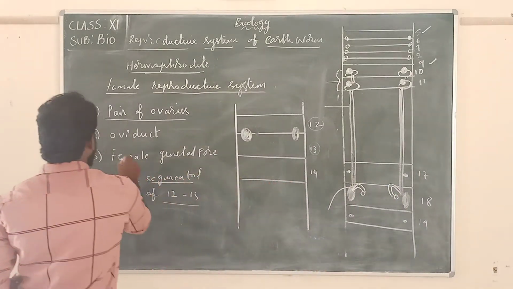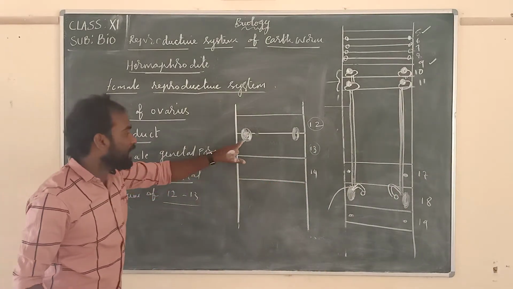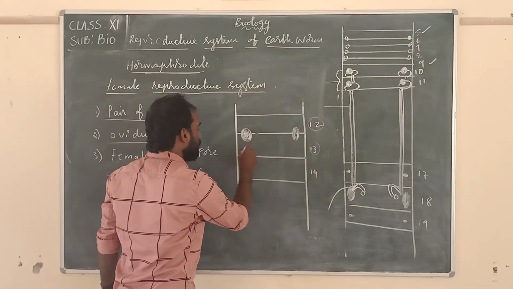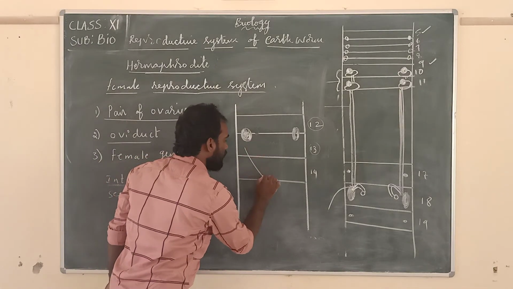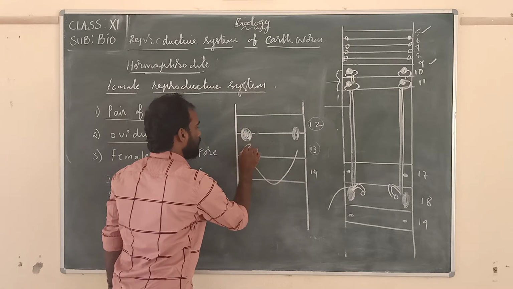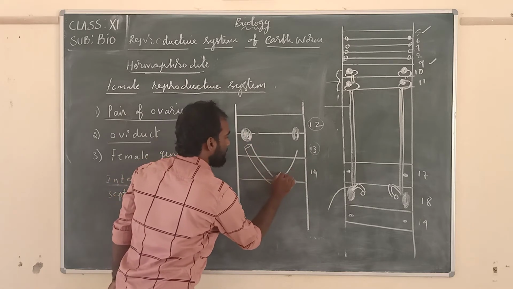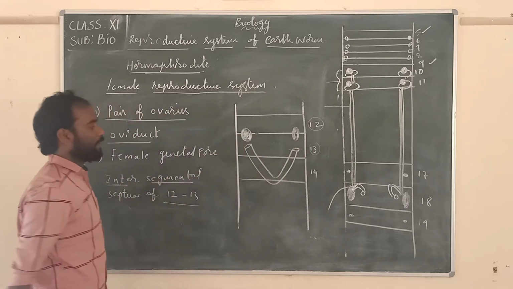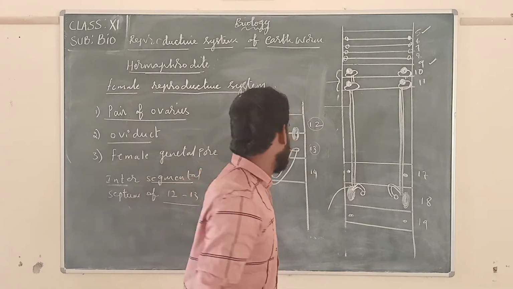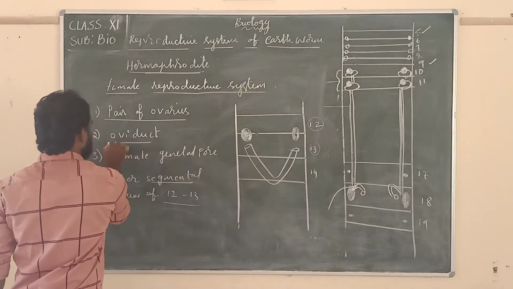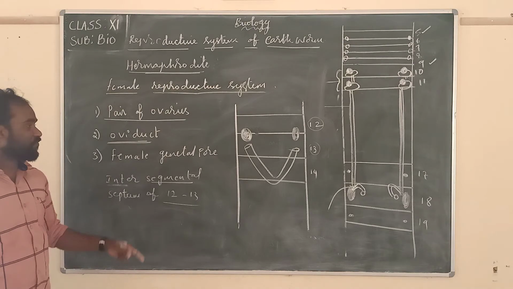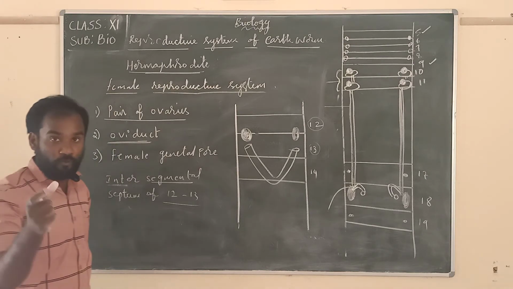Okay, then oviduct. Beneath the ovaries there is a funnel shaped structure. This funnel shaped structure is nothing but the oviduct.